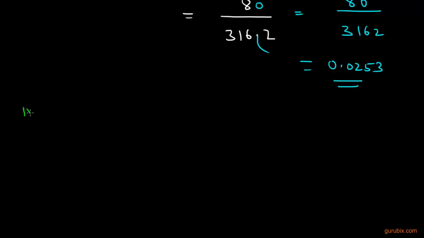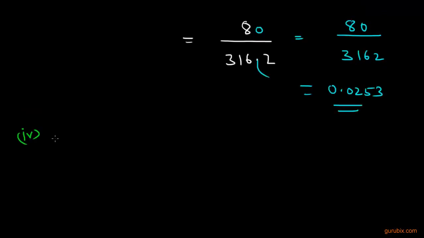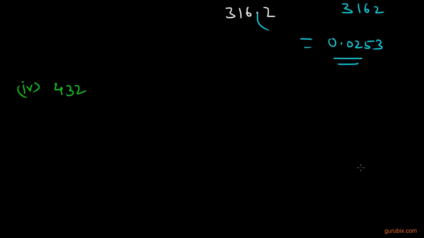Now we shall move to the last part of the example, and in the last part we are given a number 432, and we have to calculate the square root of this number. We shall write this number under the sign of radical, and now we shall factorize this number.